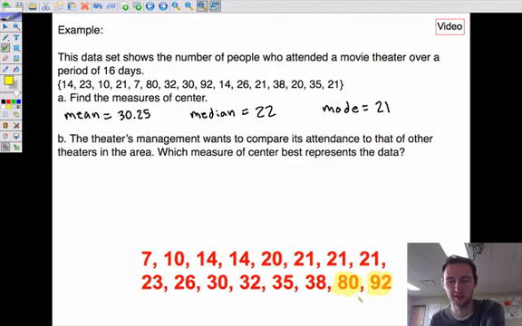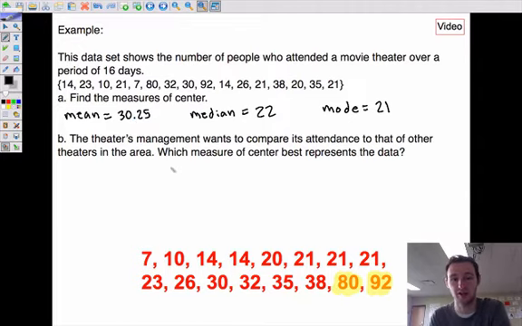I don't know if it was day 1 of Harry Potter way back in the day or something, but apparently these days were just huge at the movie theater. I would almost consider these two numbers outliers, and they're greatly affecting the mean. That's why this mean is so much higher than the median and the mode: this 80 and this 92 are dragging the mean way higher than it probably should be.